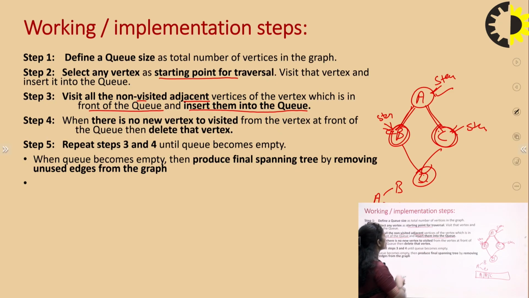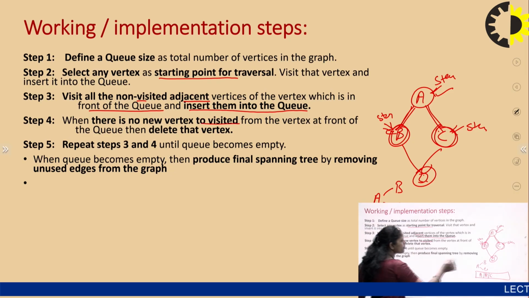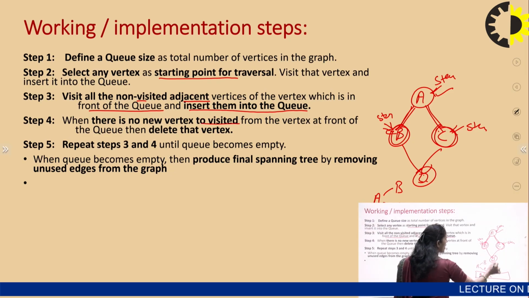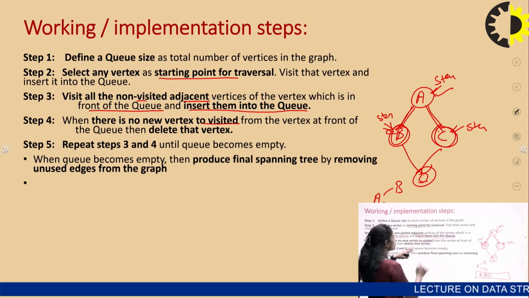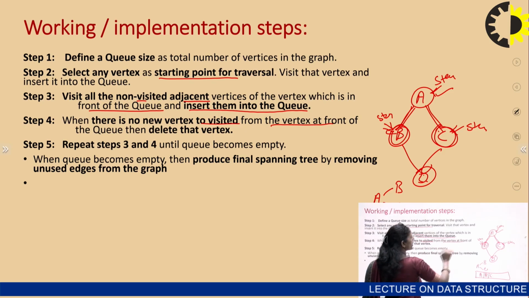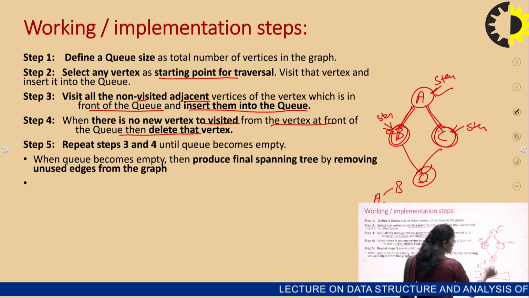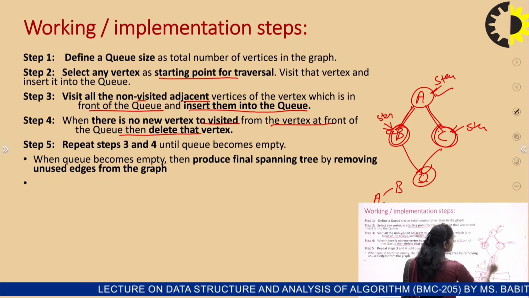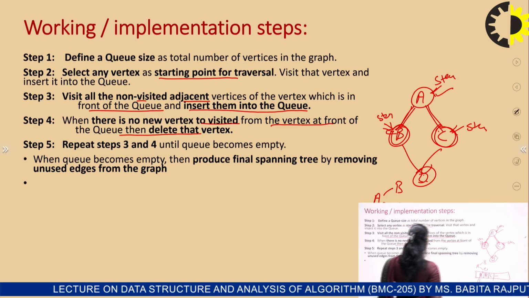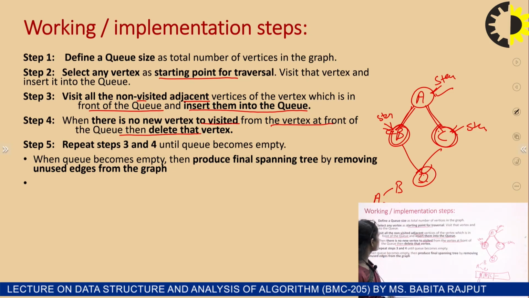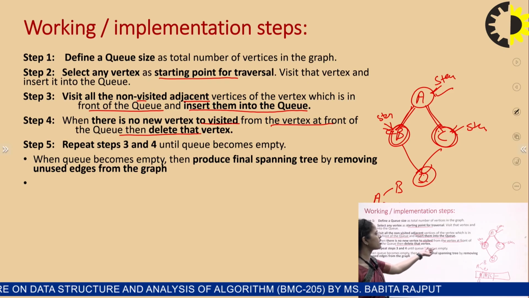When there is no new vertex to visit for the vertex at the front of the queue, then it is deleted. Let's suppose I go with B, I remove this, you can say I delete it, and next visit all the adjacent vertices, right? So repeat steps 3 and 4 until the queue becomes empty.